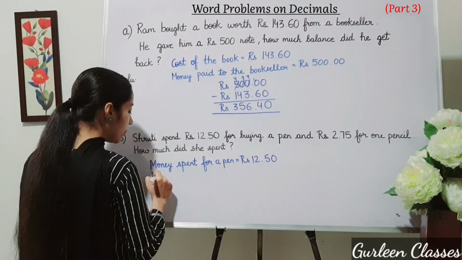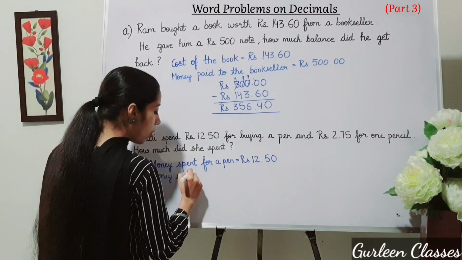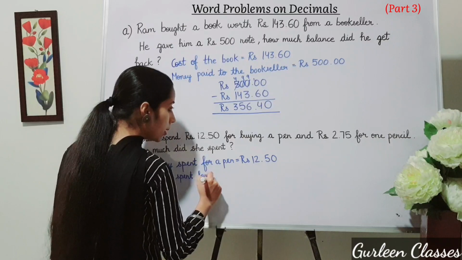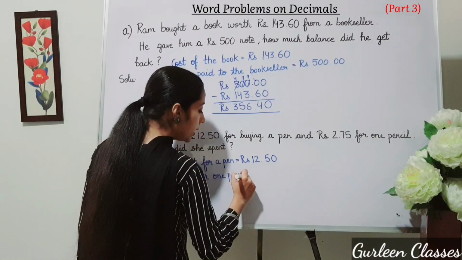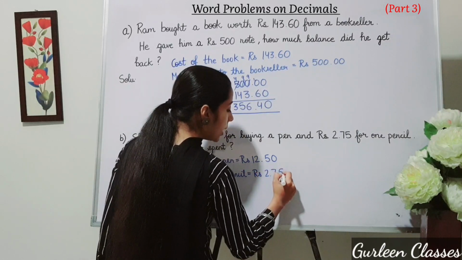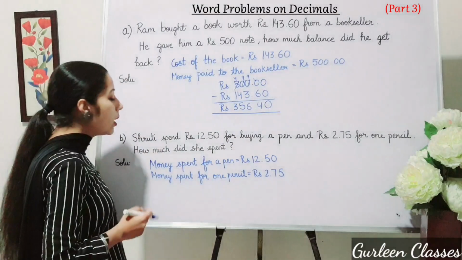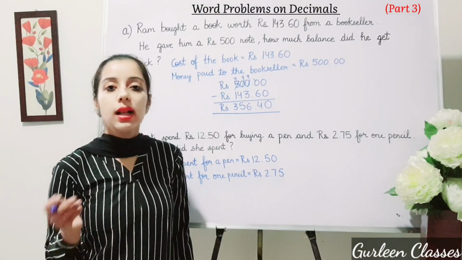Now money spent for one pencil, it is rupees 2.75. Now we have to find out how much did she spend. Means total money spent. We will add.